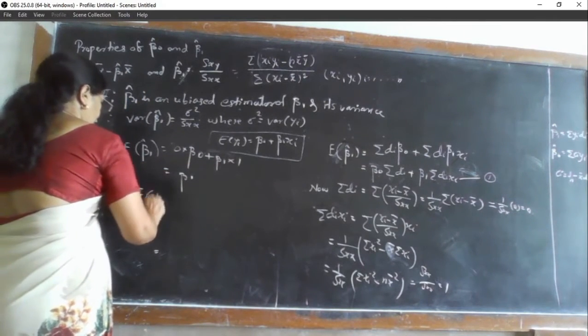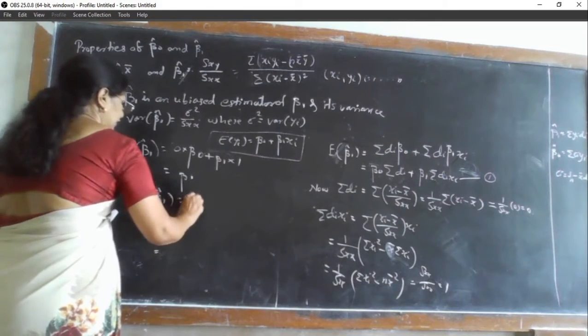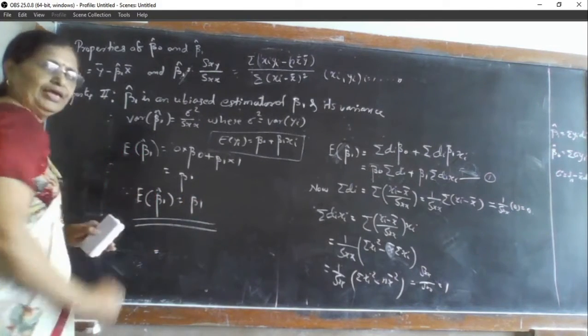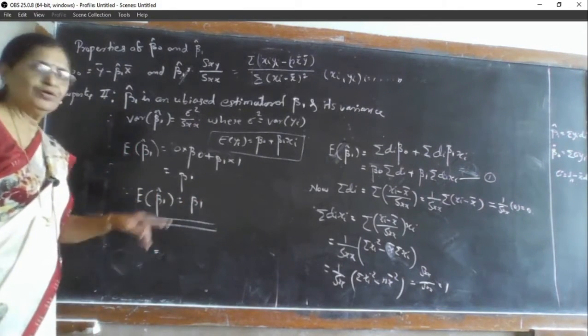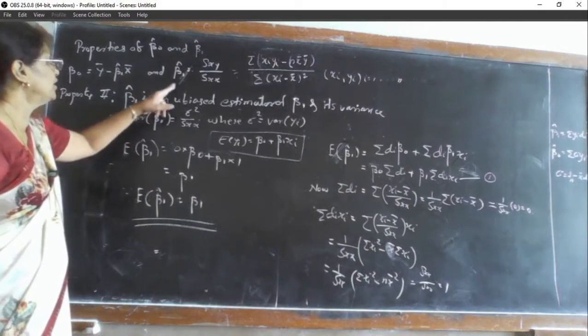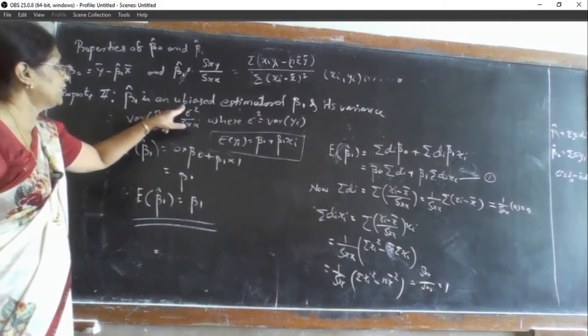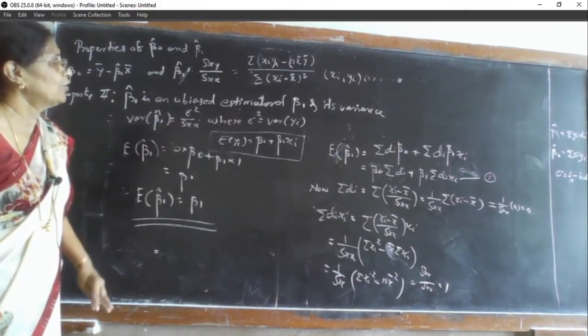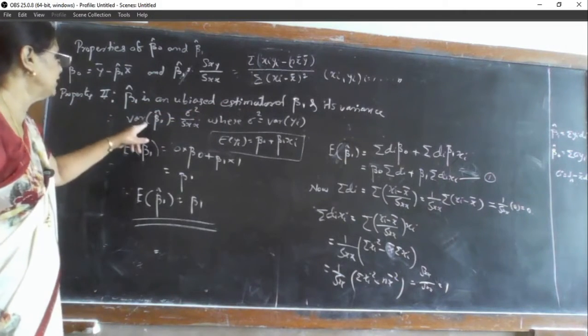Therefore, expected value of beta 1 cap is equal to beta 1. Therefore, we say that beta 1 cap is an unbiased estimator of beta 1.